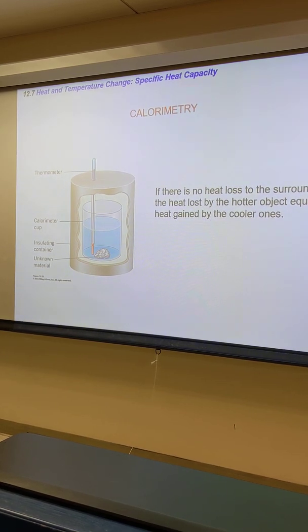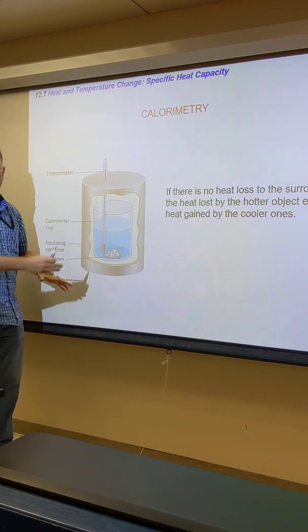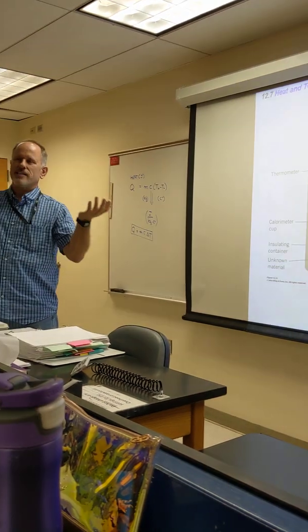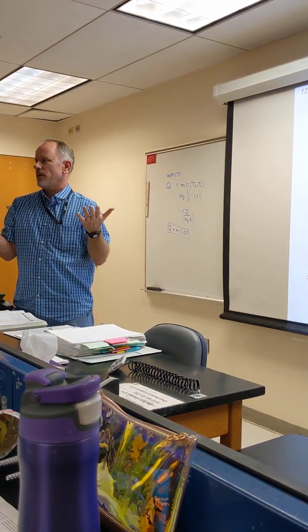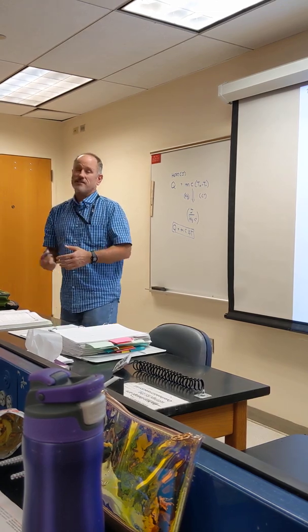Calorimetry? All right, so here's the idea of calorimetry. We have an isolated system. This means no energy can leave the system or enter the system. Whatever energy it starts with is the energy it ends up with.